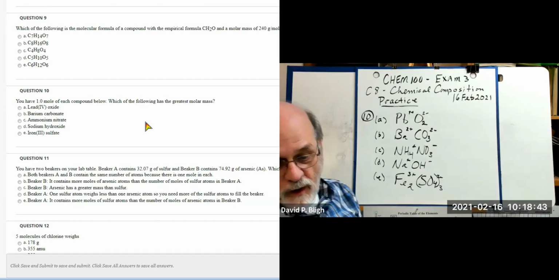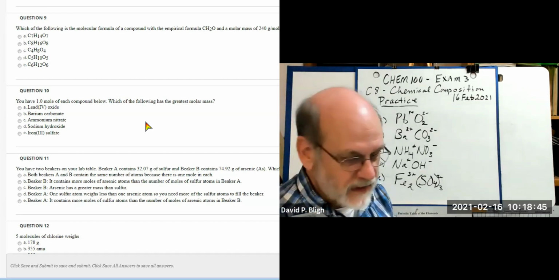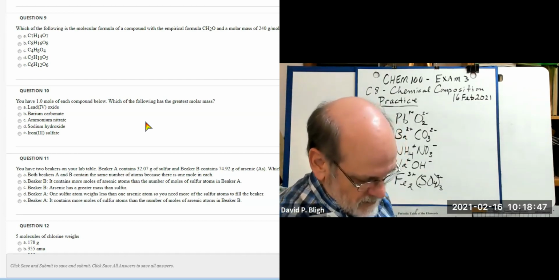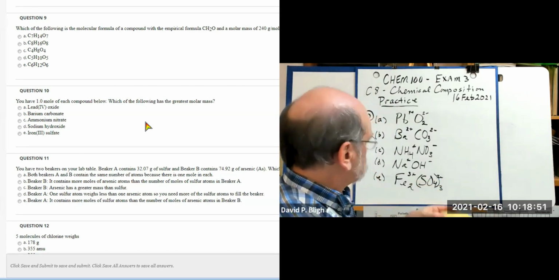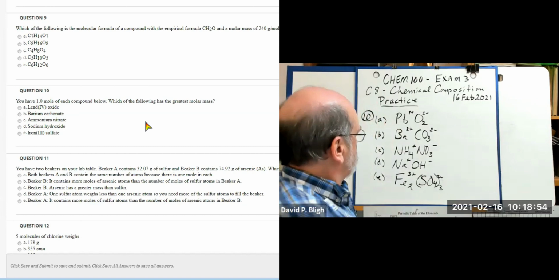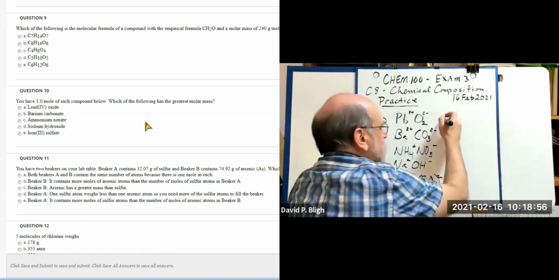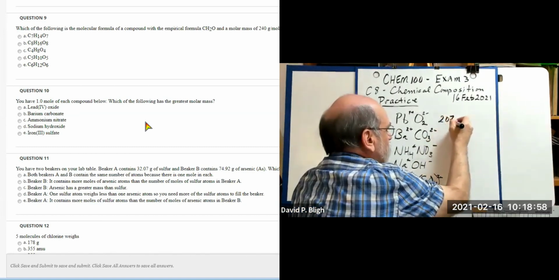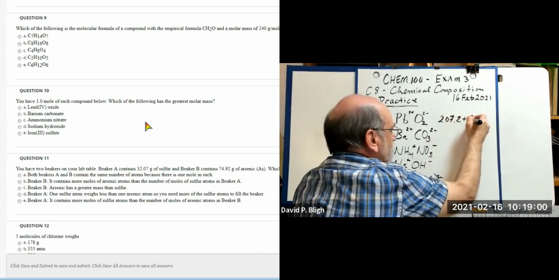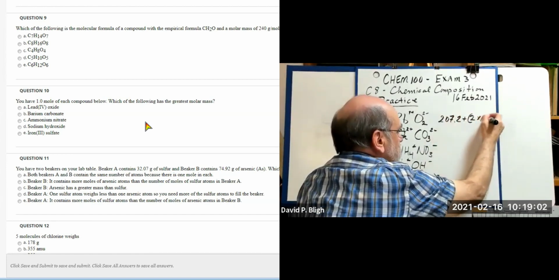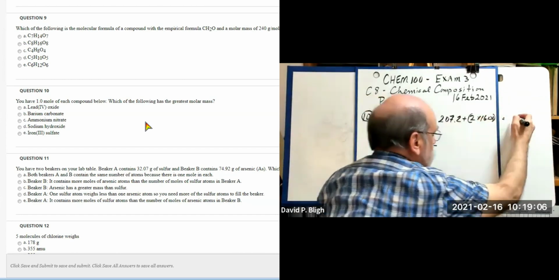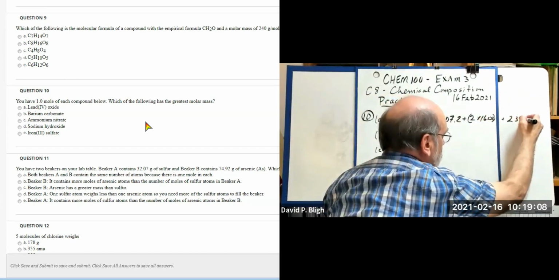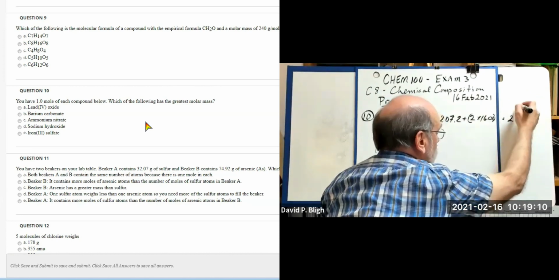Now that we have our formulas, we can add up their molar masses. All right, so lead is 207.2, and then we have 2 times 16 for oxygen, and that gives us 239.2 grams per mole.